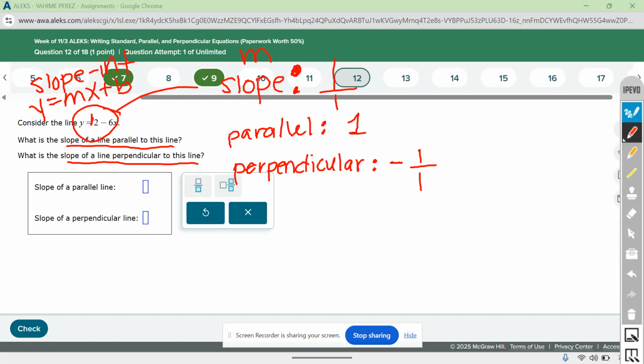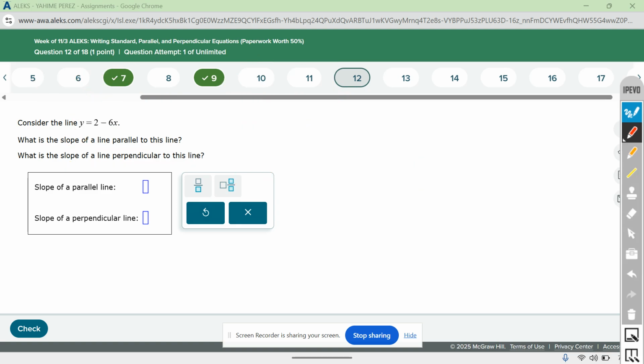Going on to 12. Same thing. This is when y is alone. This is slope-intercept form. So this is y equals mx plus b. Right? Remember that the slope m is in front of the x, mushed against the x. So in this case, the number mushed against the x is negative 6. Or as a fraction, that would be negative 6 over 1. Okay?